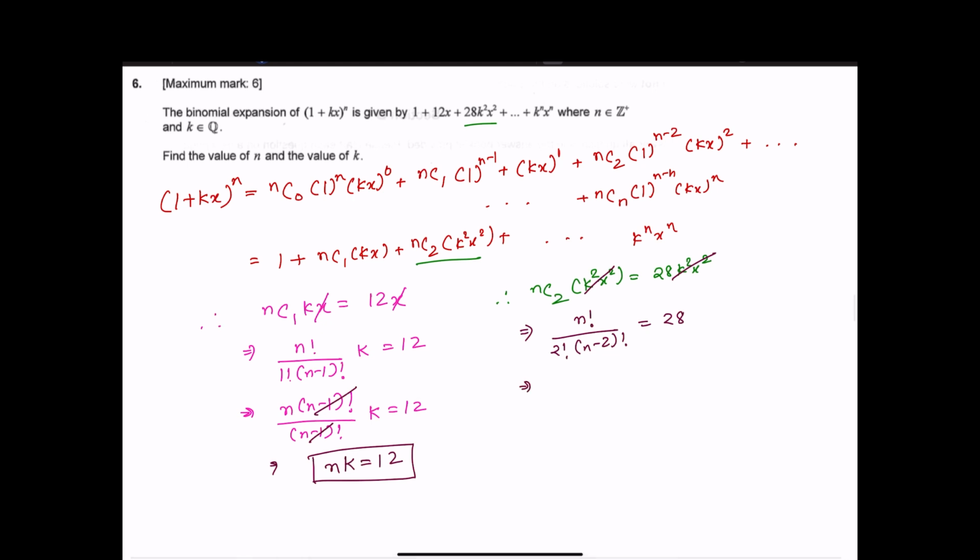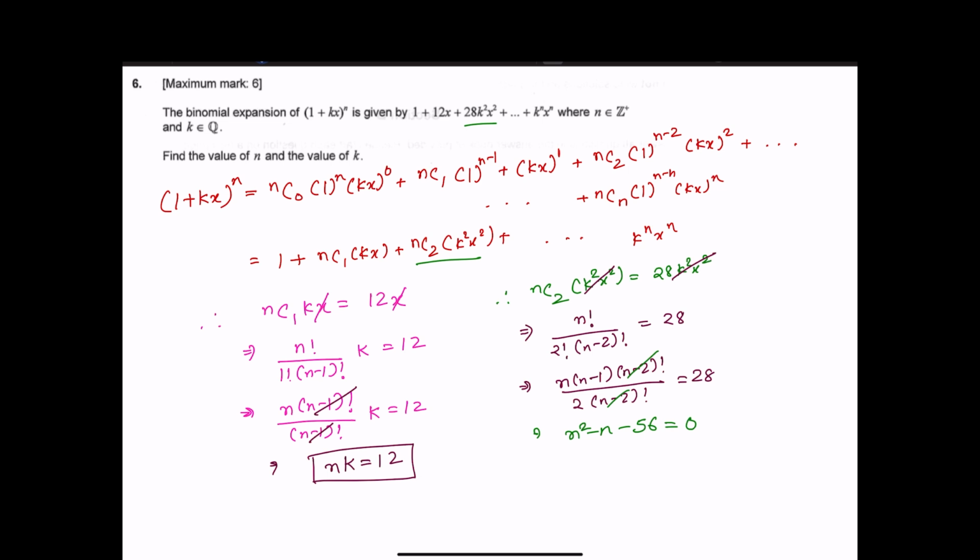Now n factorial would be n times (n minus 1) times (n minus 2) factorial. 2 factorial is 2 and you'll have (n minus 2) factorial here. (n minus 2) factorial will cancel out. So n times (n minus 1) is n square minus n, and if I bring it to this side, you'll get this quadratic equation, n square minus n minus 56.